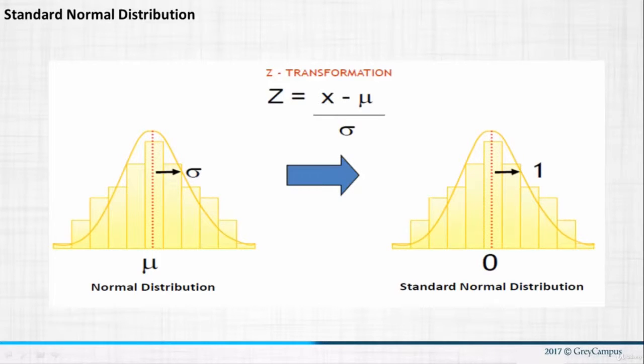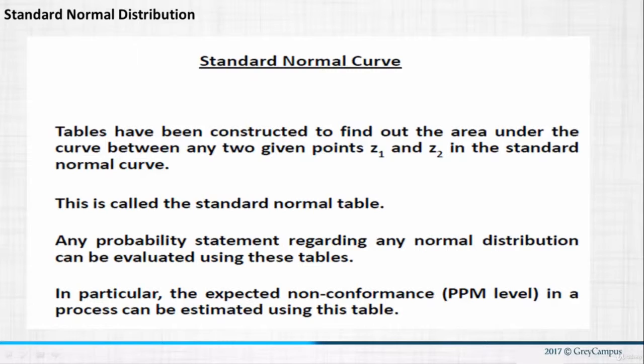Well, you can see the equation there for a Z transformation. Once we do that, we can apply the rules of the Z distribution, or the standard normal curve, using the Z table or standard normal table.